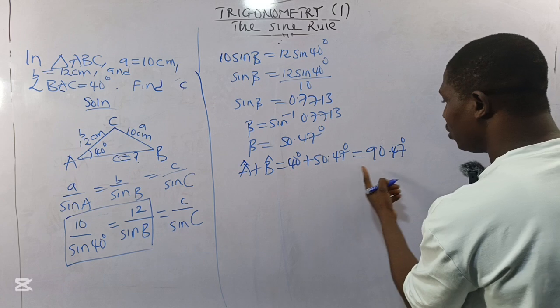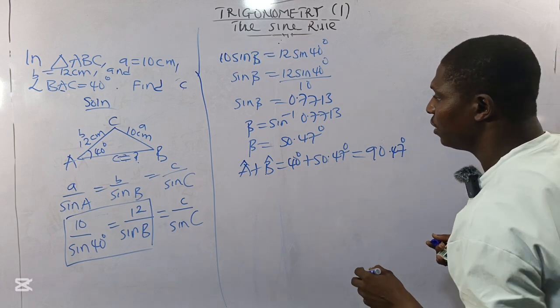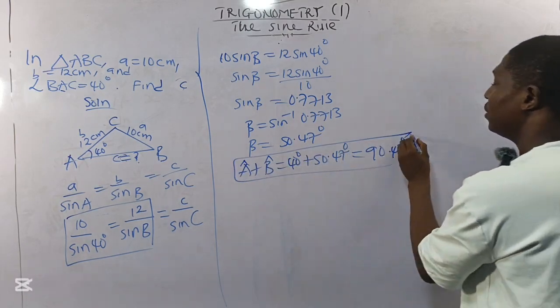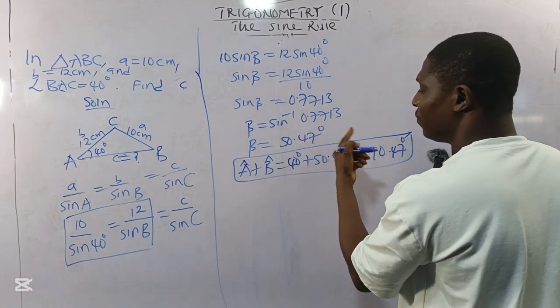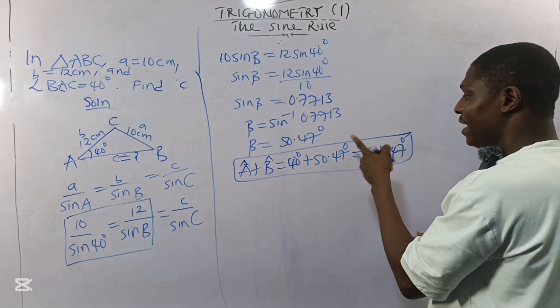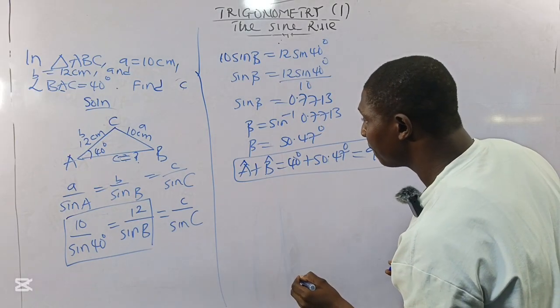So that's to say my C will be 89 point something. But I have my B as 50.47 degree. Remember, meaning C can be 90 minus this, remember.